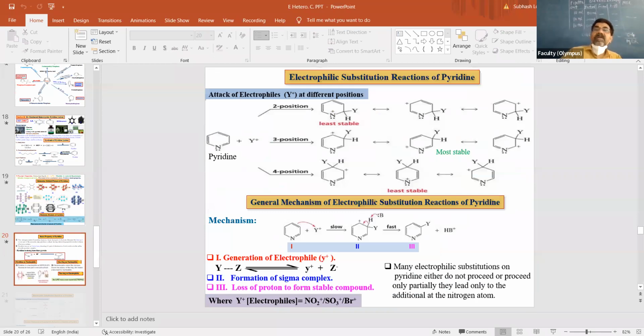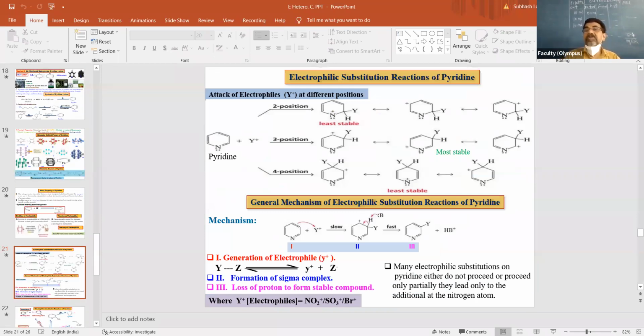Then this is most important: electrophilic substitution reaction. In the 5-membered ring, we obtain 2-substituted products, but in pyridine it is slightly difficult. In pyridine, we get electrophilic substitution at the 3 position. 6-membered, 3 position; 5-membered, 2 position. Why?